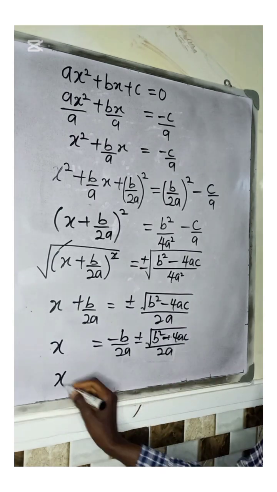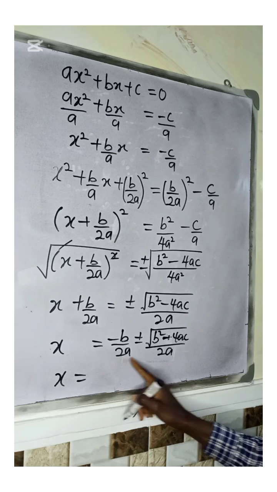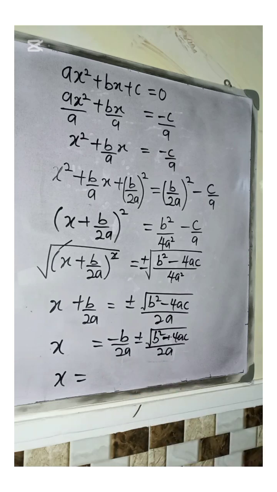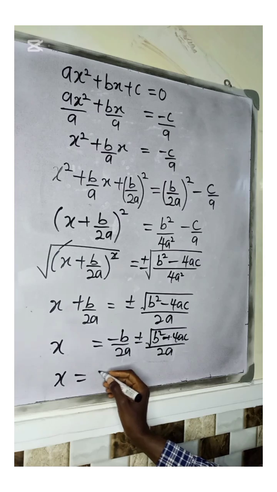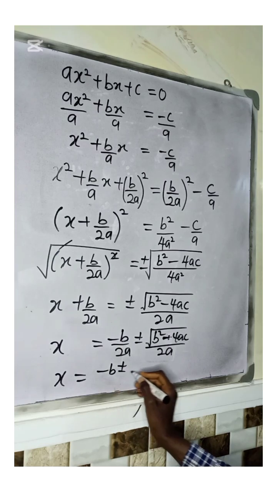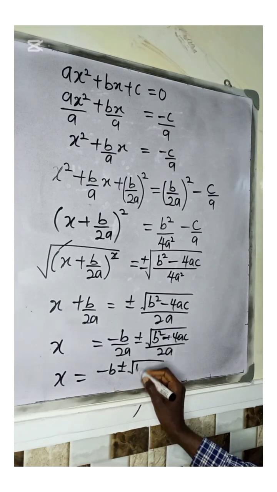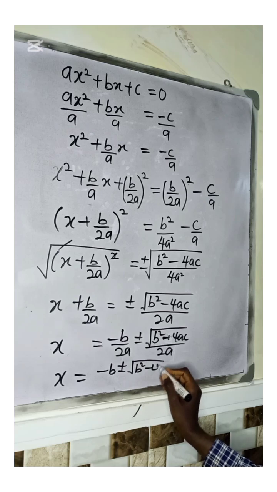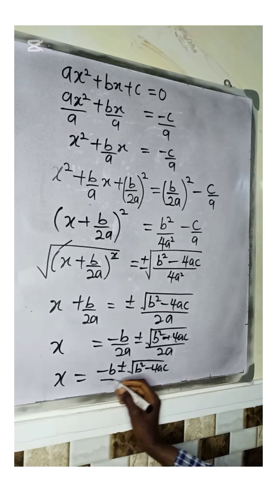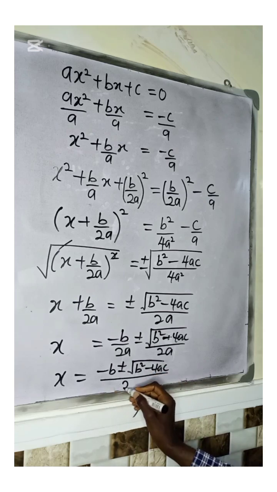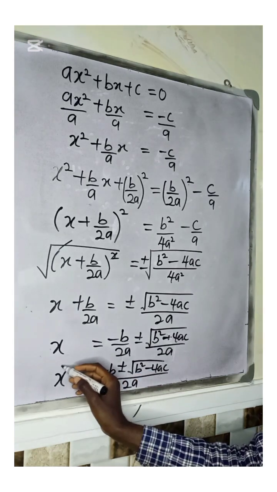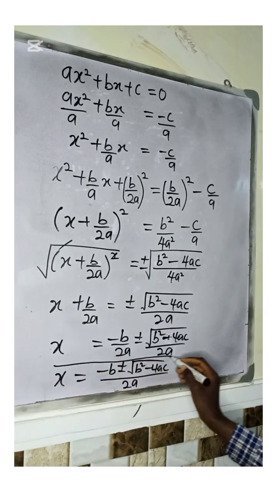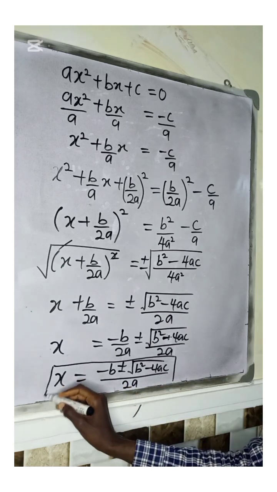Now we notice that we have common denominators. So we just perform the operation on the numerator, which is minus b plus or minus the square root of b squared minus 4ac, and we pick one of the denominators, which is 2a. Now this here is the quadratic formula.